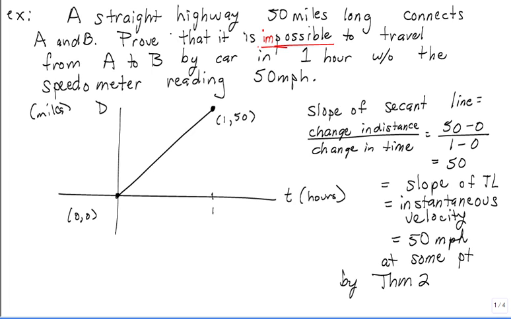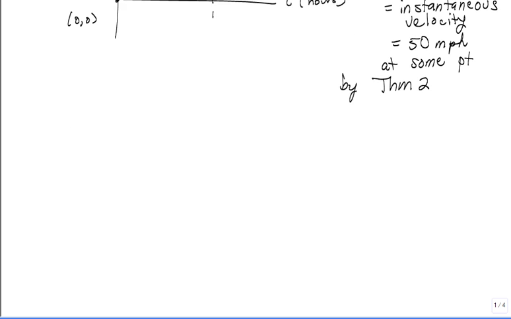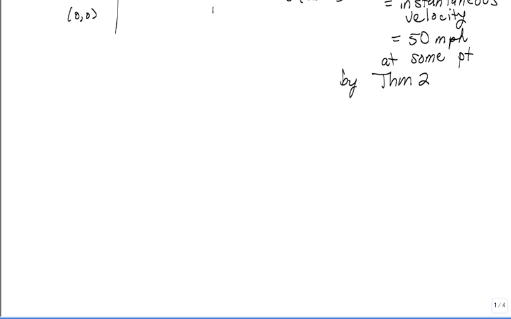So your car's speed could be going up and down like this, but if the average is 50, then you will have to be going 50 miles an hour at some point, because it's a continuous function.